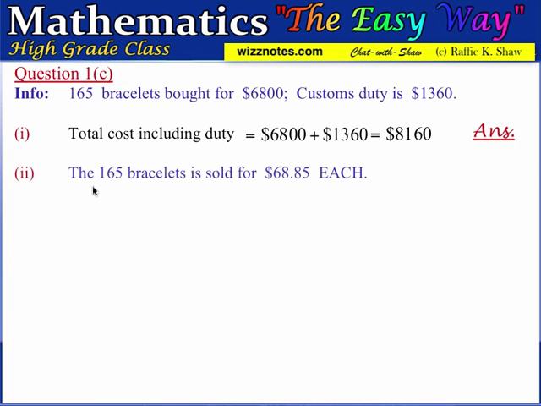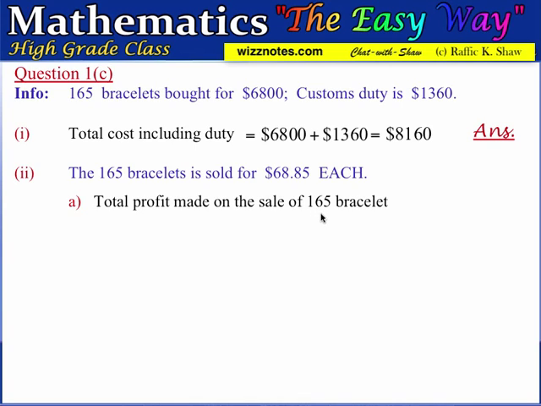Now in part 2, we are told that the bracelets were sold at $68.85 each. So each bracelet was sold by the jeweler for $68.85. That's the selling price for one bracelet. And the first part here wants us to find the total profit made on the sale of the 165 bracelets.